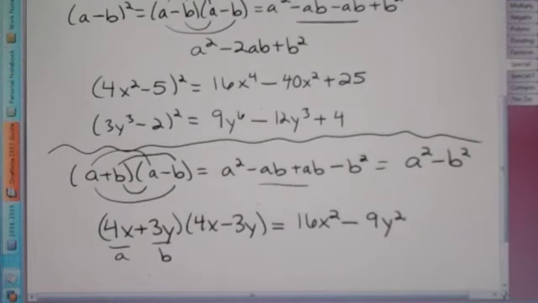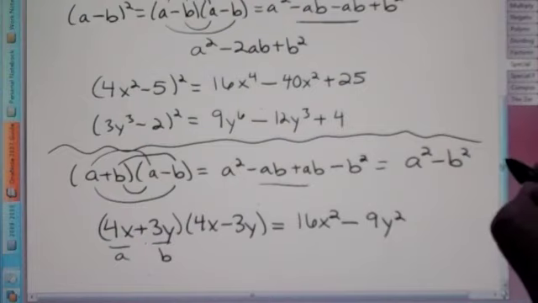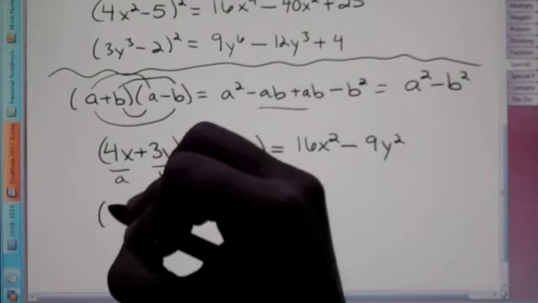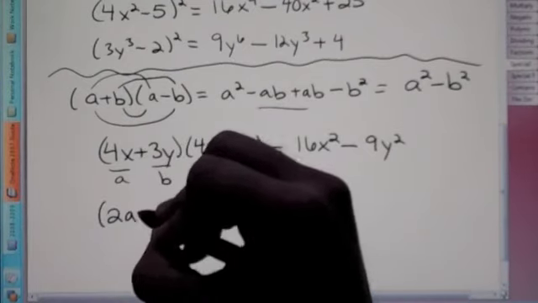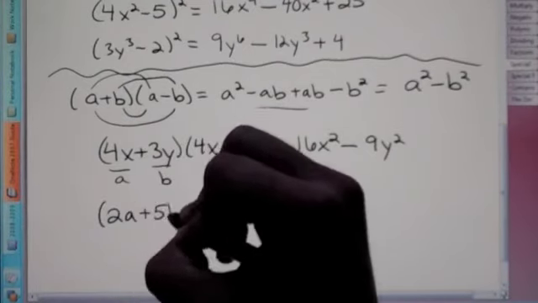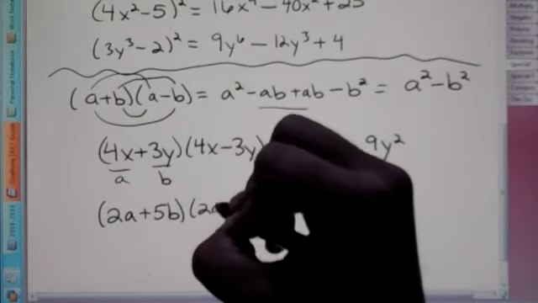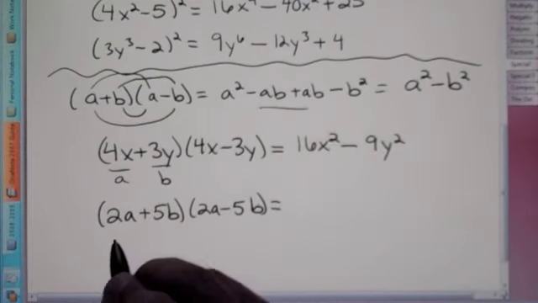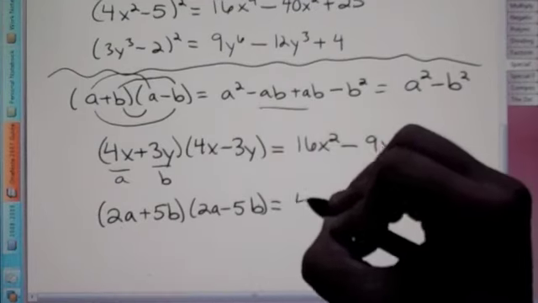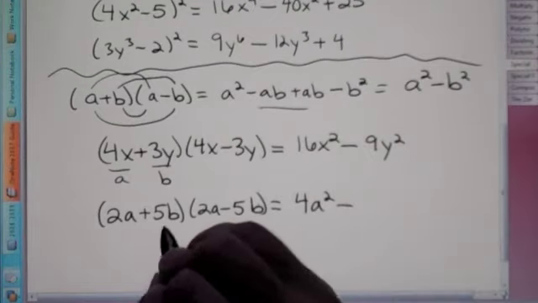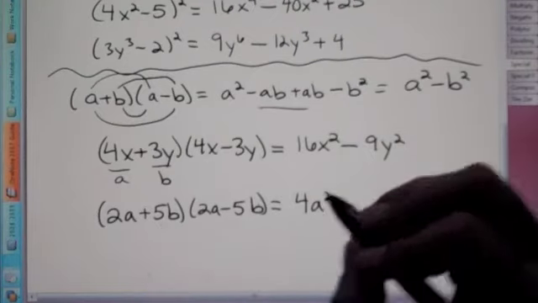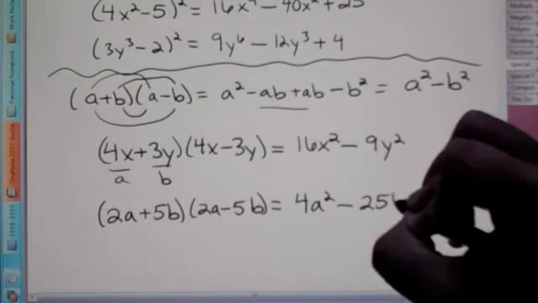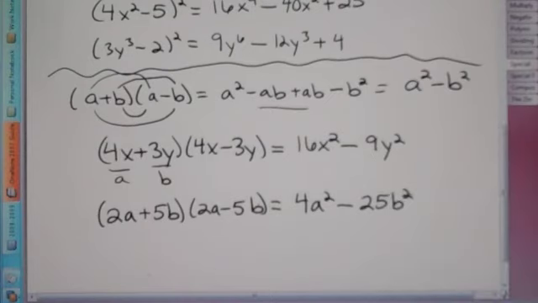You don't even have to do the outer and inner, because when it's set up like this, the outer and inner will always cancel out. So there you go. So let's do one more just to make sure you guys are understanding. If I were to give you (2a + 5b) times (2a - 5b), again, you just take the 2a, square it, 4a squared, minus, what's in the position of b? 5b. We're going to square that, 25b squared, and then you're done.